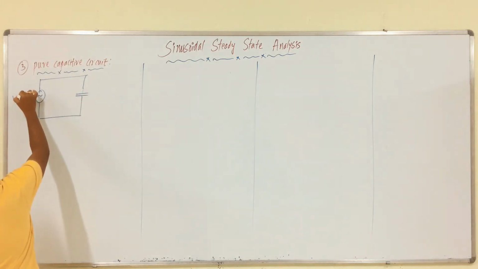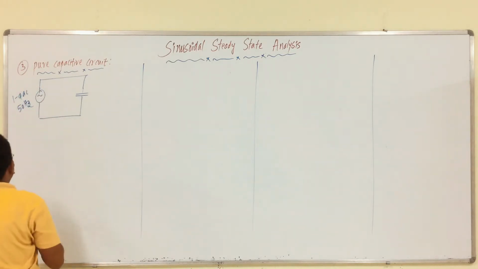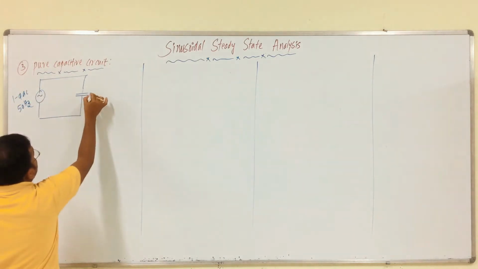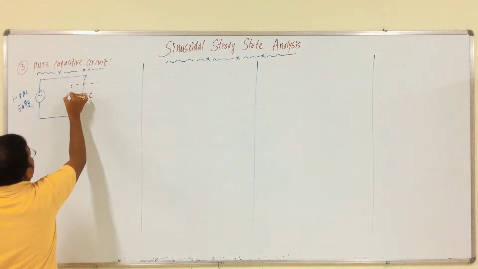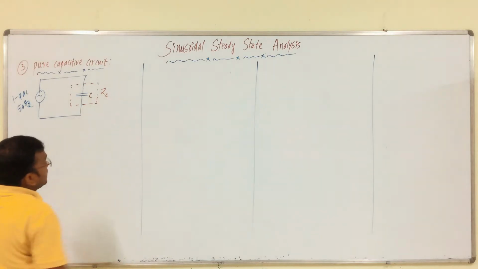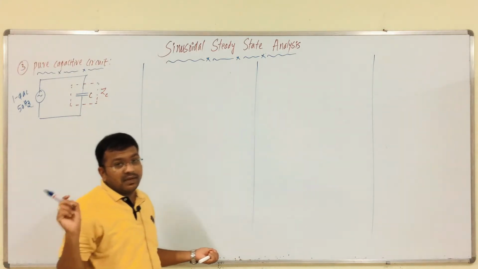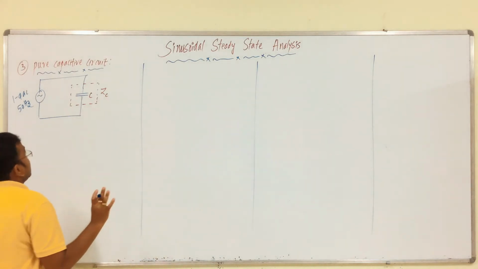This is a single phase AC 50 Hz supply. So this is C. We have ZC, the capacitive impedance. Only we have a pure capacitor, that's why we have capacitive impedance.